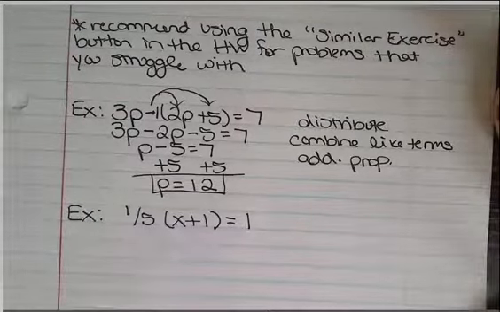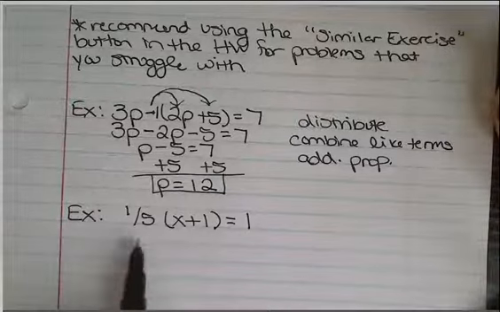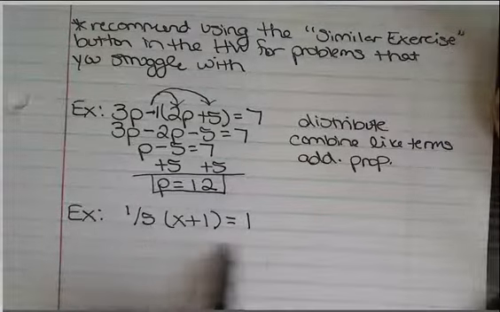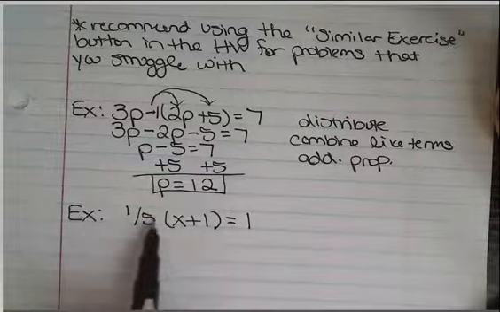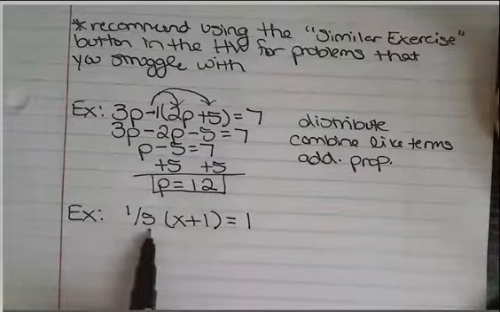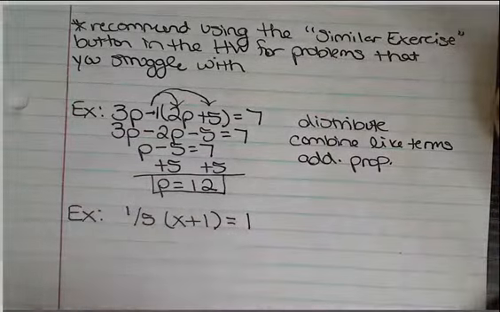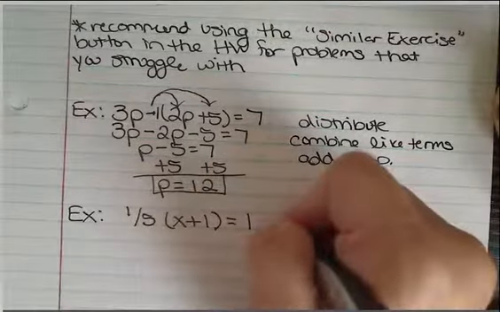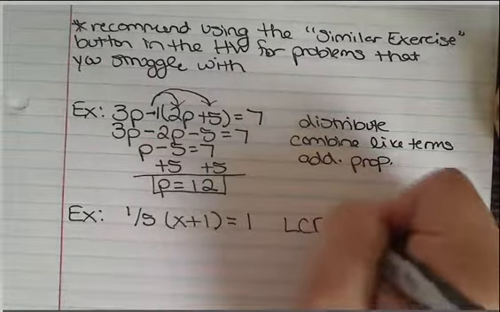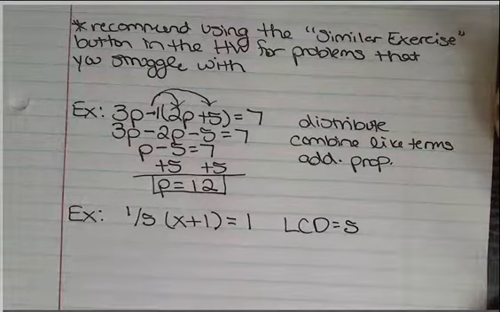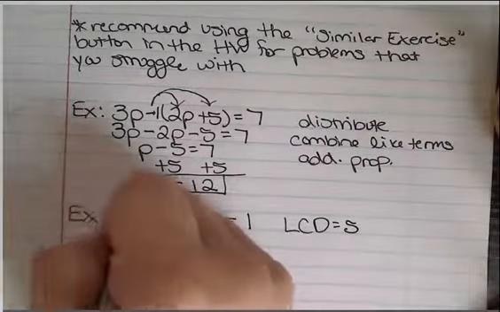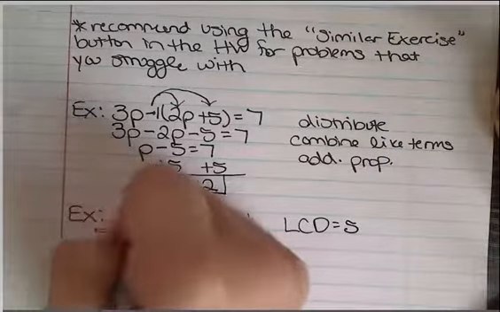We don't have any other fractions. So what is the least common denominator of 5? 5. So we need to multiply both sides by 5. So we're going to take 5 times 1 over 5 x plus 1 equals 1 times 5.